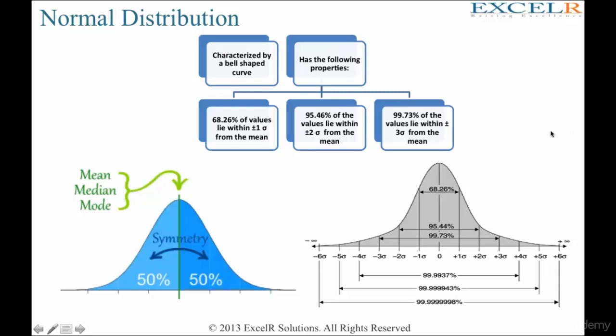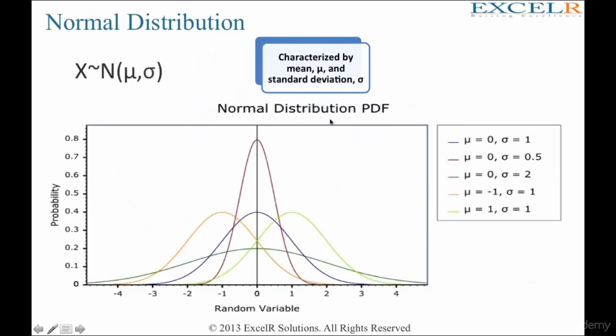All right. Now, let me explain a few more characteristics before we move on to the next topic. A random variable can be represented as following a normal distribution approximately with mean mu and standard deviation sigma.